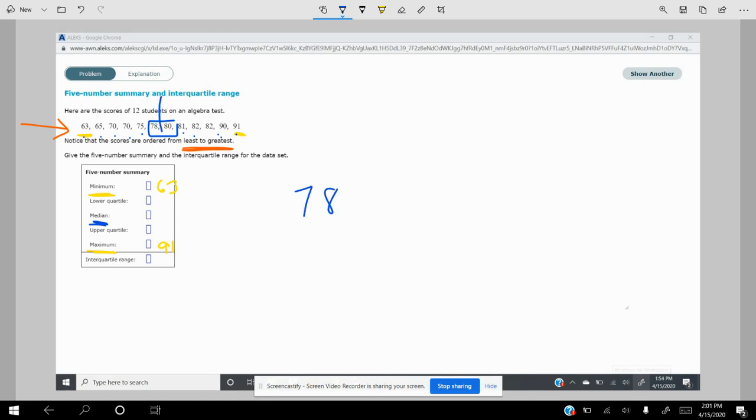I do that by adding 78 plus 80 equals 158, and then divide it by 2, which is 79. And if we could see, the number in between 78 and 80 is actually 79. So my median is 79.